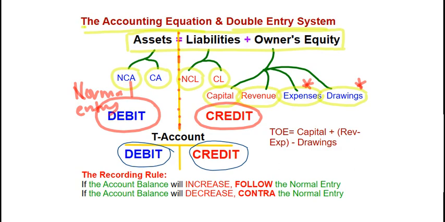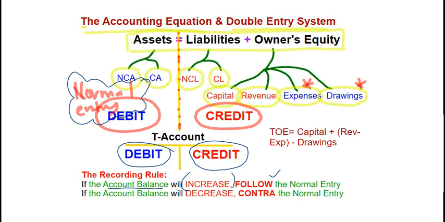So the recording rule says here, if you want to record any business transaction, try to understand what will be the impact of recording those transactions on the account balances. If it increases, you just follow the normal entry. We already covered and learned about normal entry just now.